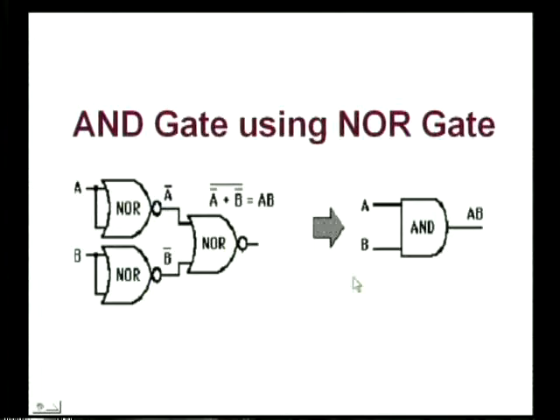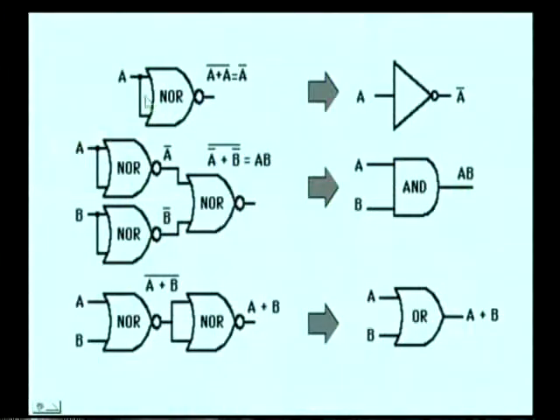So, this is the AND gate realization. We shall see them together. When the NOR gate inputs are shorted and a single input is applied, the output will be the inverted form of the input. Hence, the NOR gate will act as an inverter. Similarly, when the NOR gates are used in tandem, the first one in its natural form and the second one as an inverter, we get the output as OR gate.